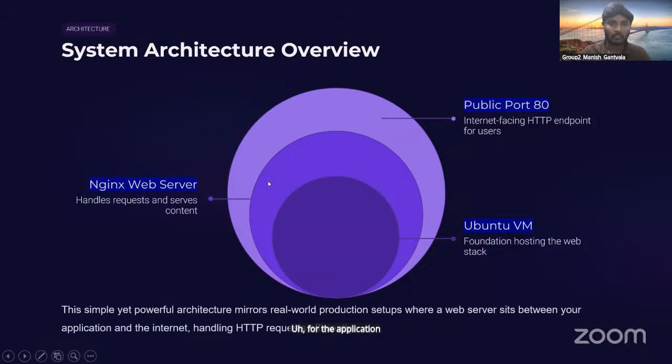The Nginx web server handles the requests and serves the content, accessible by the public port. It is a production setup where your web server sits between your application and the internet. It handles the HTTP requests.